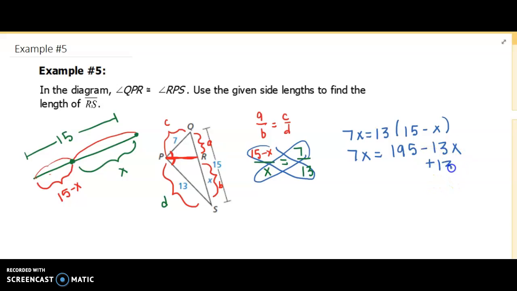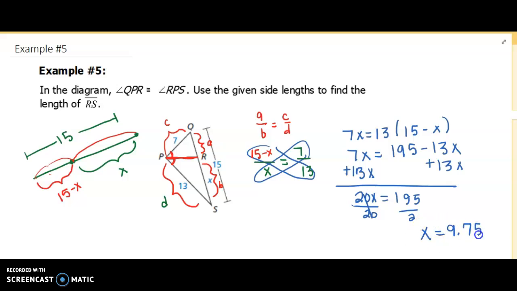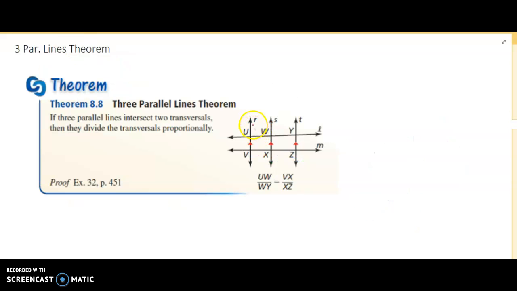Plus 13X, plus 13X, I get 20X equals 195. Divide by 20, divide by 20. I get X equals 9.75. And that would be the length of RS.